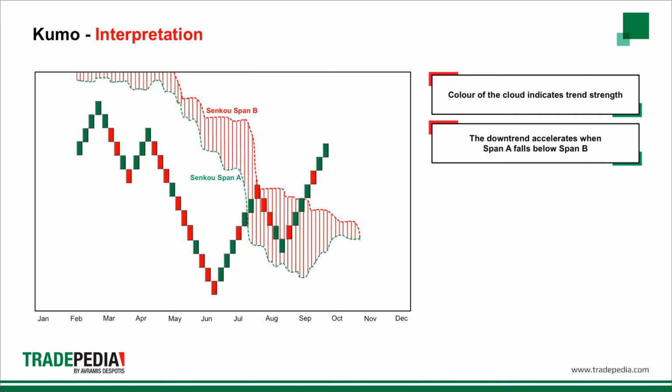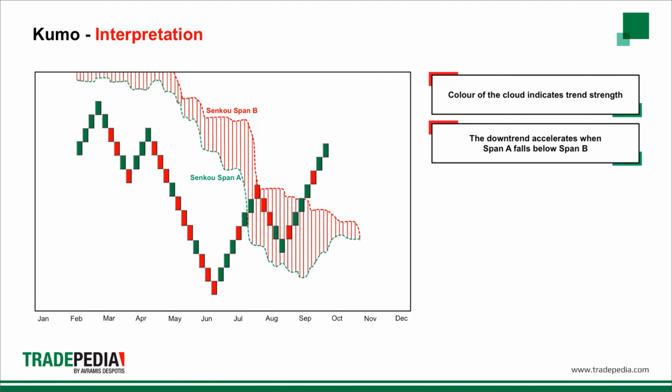When the downtrend accelerates, when we see a big drop, leading span A, the green cloud line, falls below leading span B, the red one. So when the downtrend accelerates, A will fall much lower than B. This situation produces a red cloud.